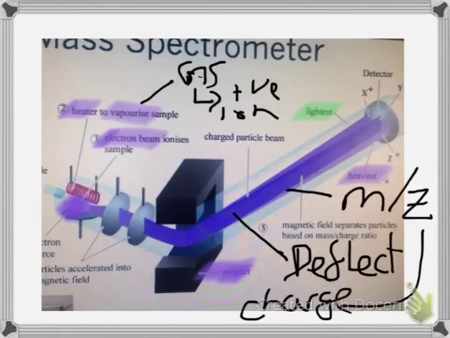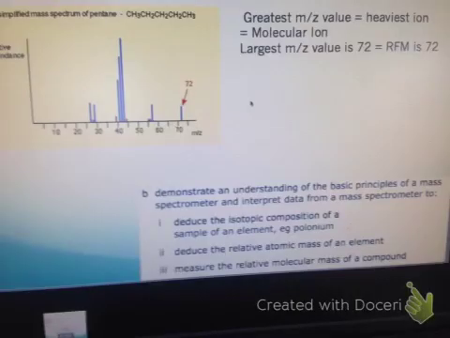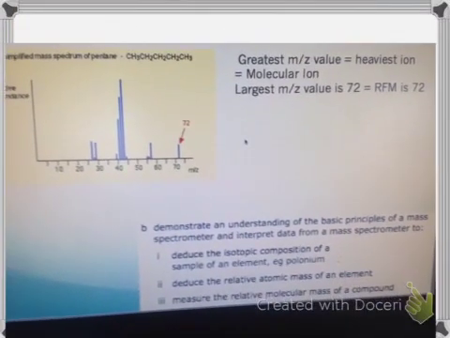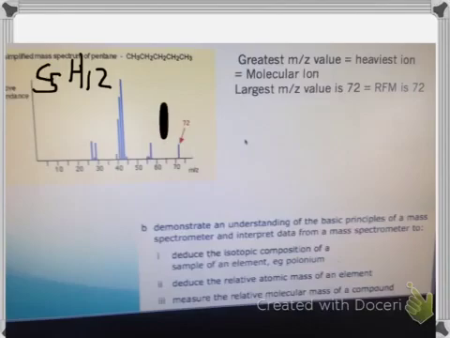Okay, so if we look at what an example mass spec actually looks like, this is one for pentane, so we're starting off with C5H12. We can look at calculating the relative formula mass of the compound, and the way we do that is look at the biggest peak.